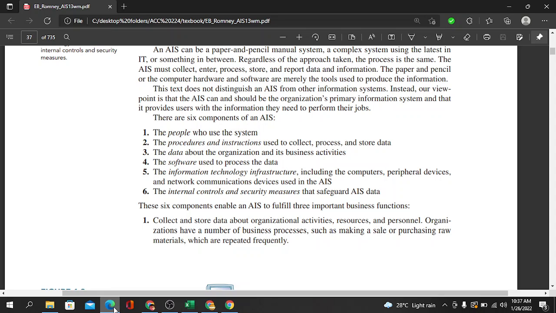Through the AIS, you process and encode it to the system and produce information that will be used in decision making, including the computer. So these are important to have the information for the decisions of the organization.